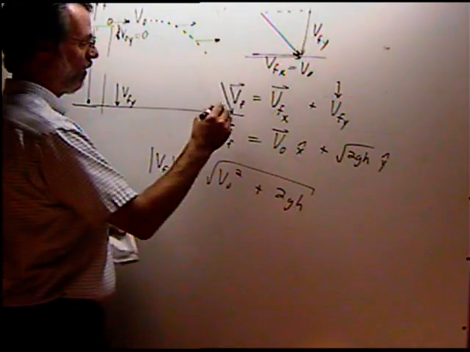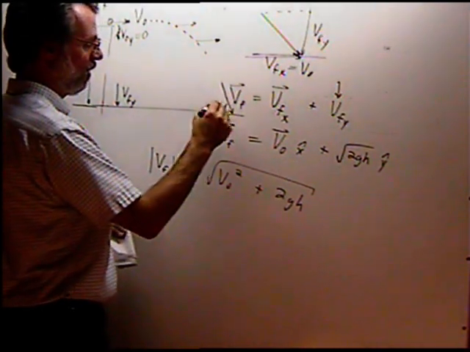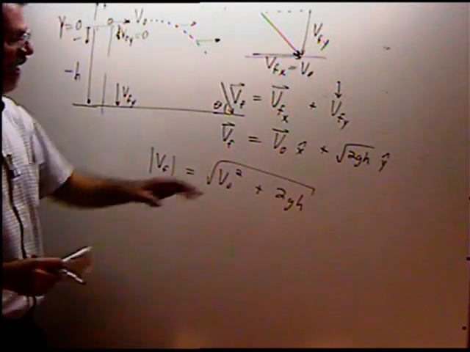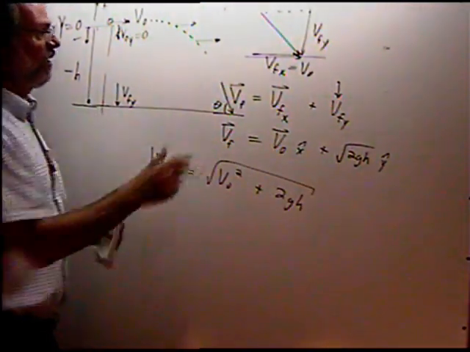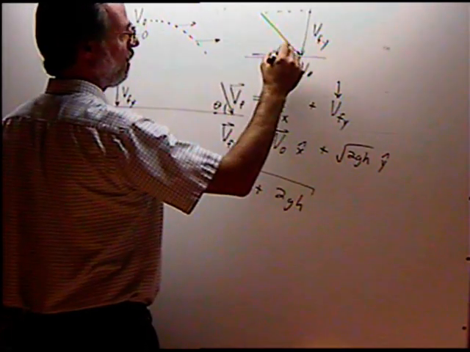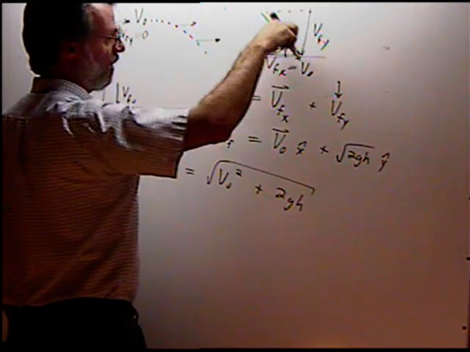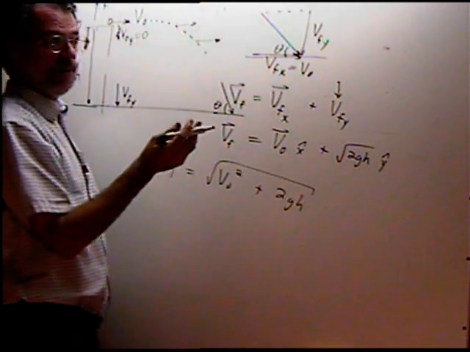Could we calculate what this angle was? Yes, we could. We could do it by taking the tangent function. Okay, that is this angle here, that it hits the ground. Could we calculate that?